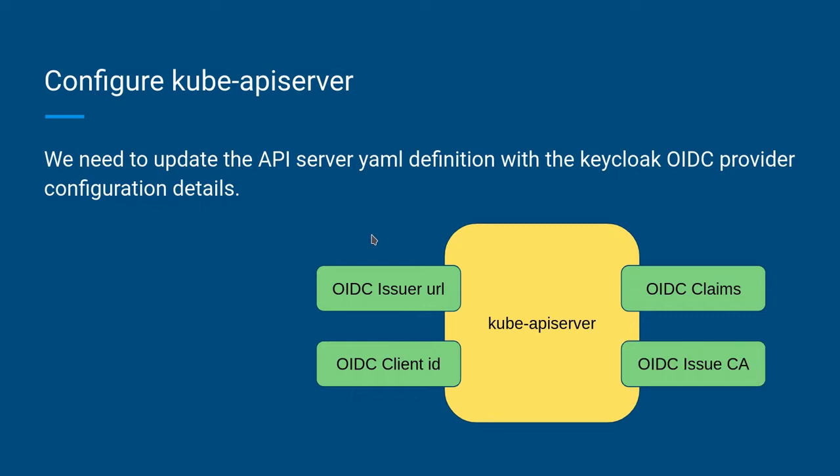The fourth one is the issuer certificate authority. This is the issuing certificate which we need to configure in the Kubernetes API server. It is the certificate for the Keycloak identity provider which we have configured in our first step.